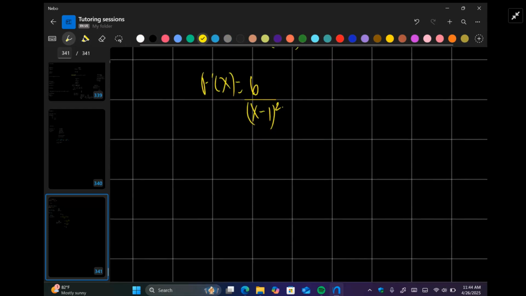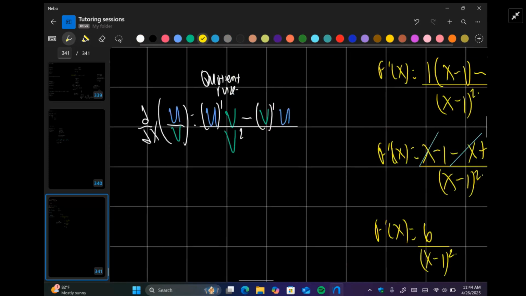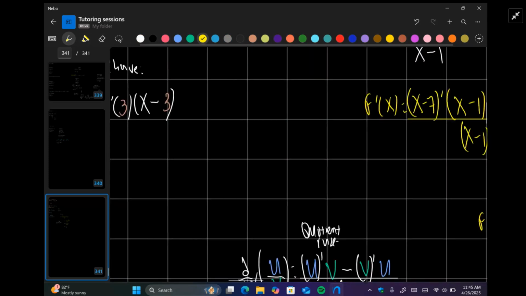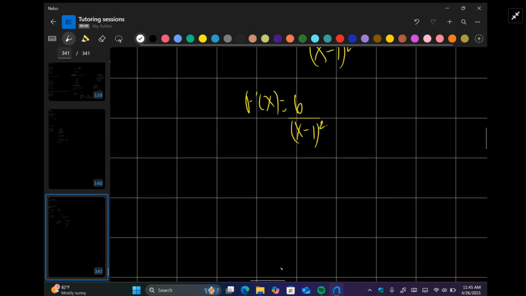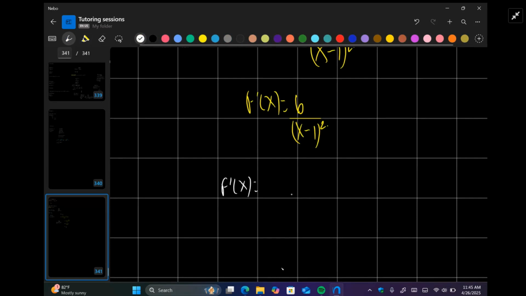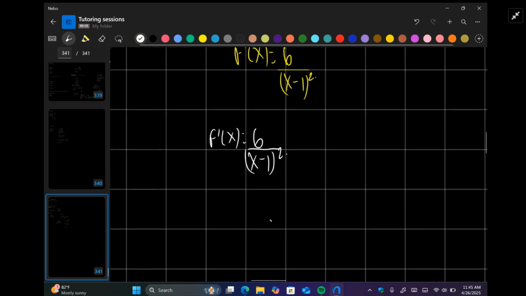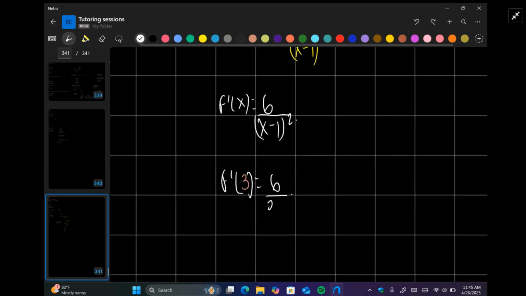Now we need f prime of 3. I'm not going to simplify the actual term; I don't think it's necessary.